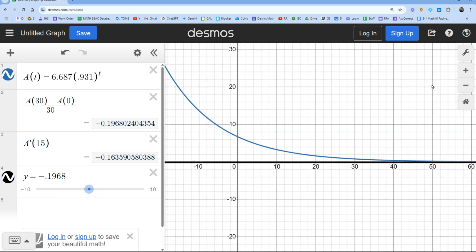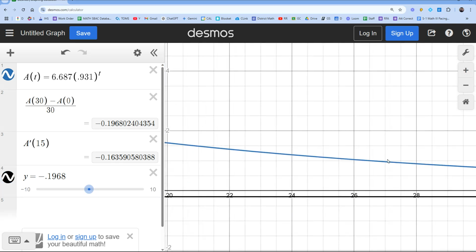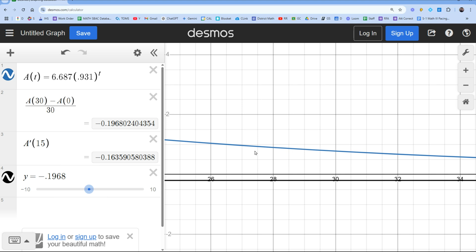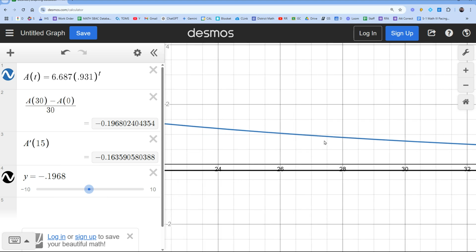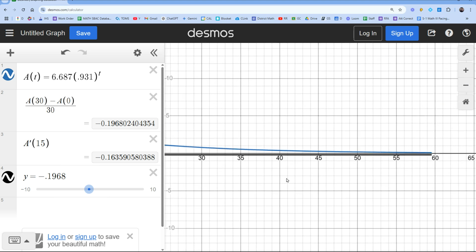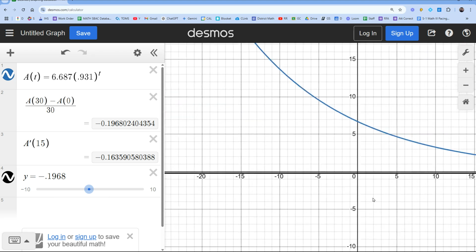And then I'm going to zoom in and think, at what time are they equal to each other? Think this through, because that's way down there.